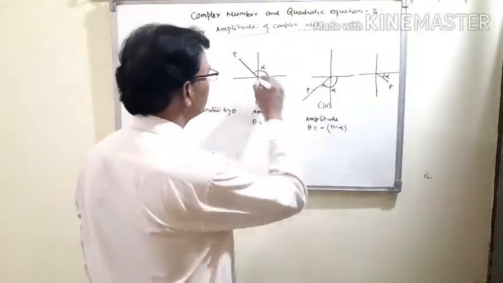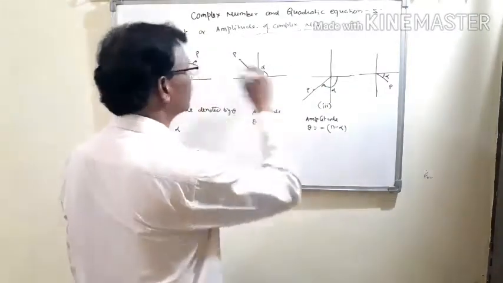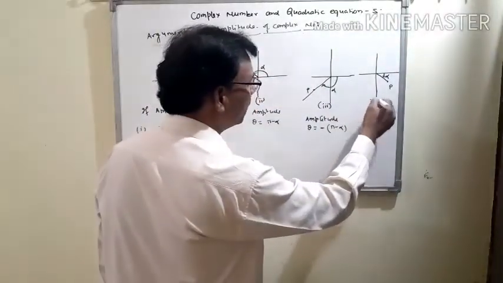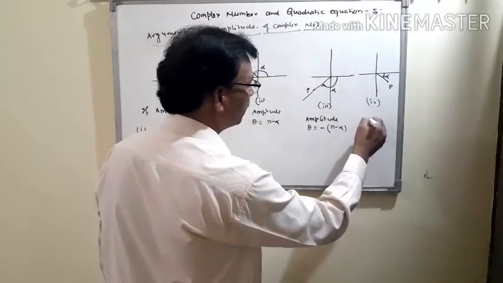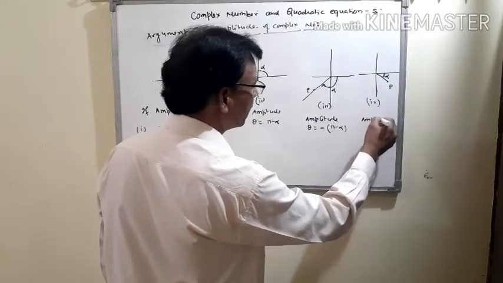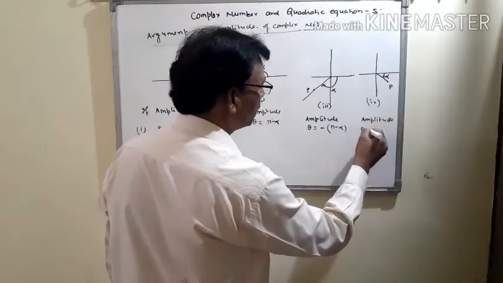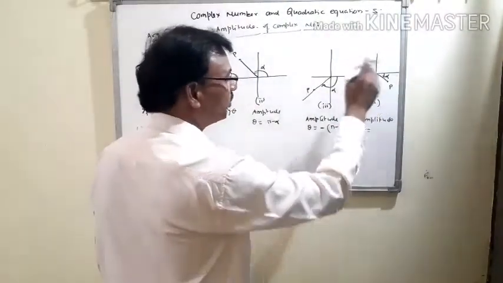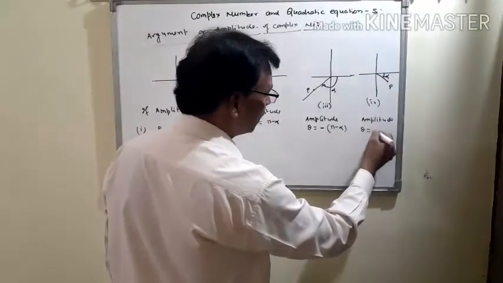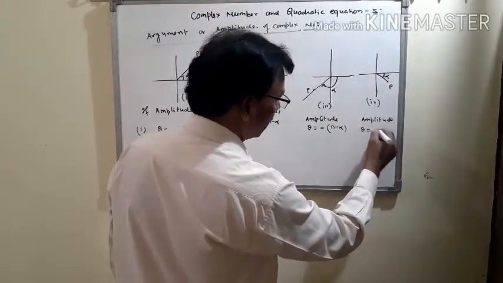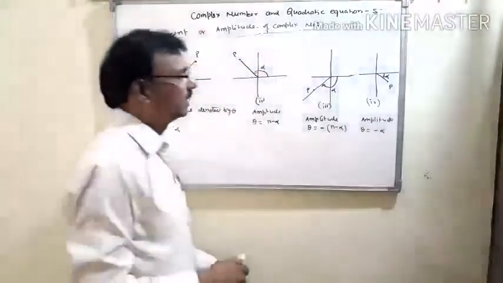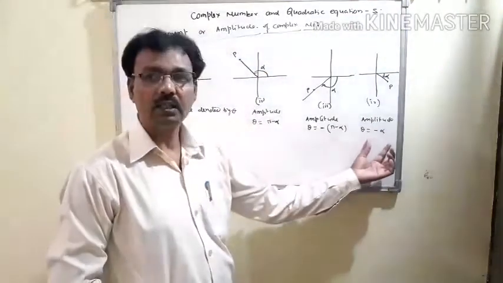And in the fourth situation, since sine is negative but cos is positive, theta equals only minus alpha.